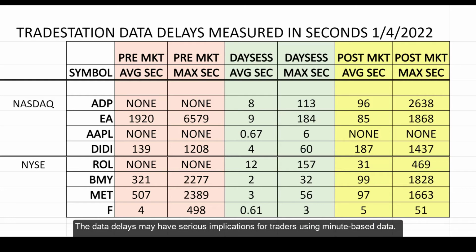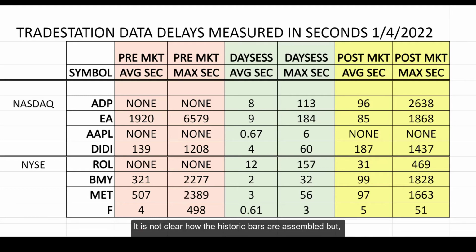The data delays may have serious implications for traders using minute-based data. It is not clear how historic bars are assembled, but if they use times based on exchange timestamps, then historic data, when a chart is refreshed, will not be identical to the data bars formed in real time.